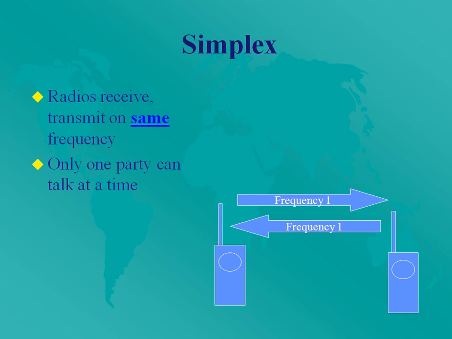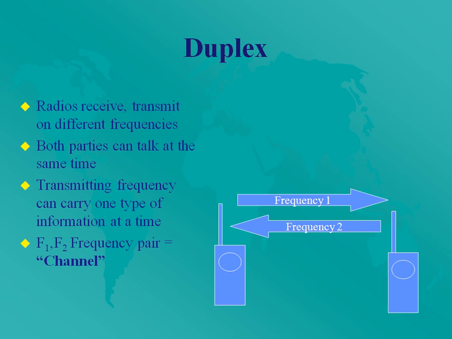Frequencies, good terms to remember. Simplex is basically I talk one at a time. I talk, I click, I wait, you talk, you click, I wait. That's all a simplex is. Duplex, just think of a phone. We can both talk to each other at once.